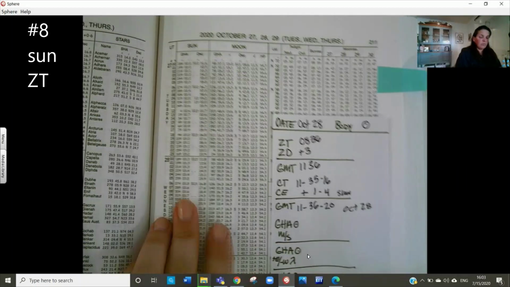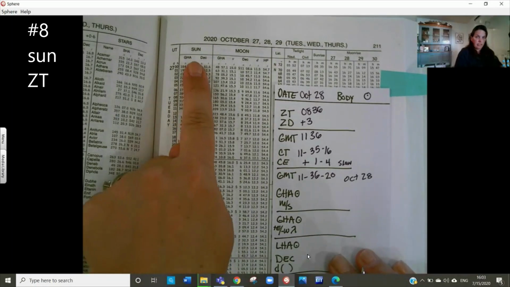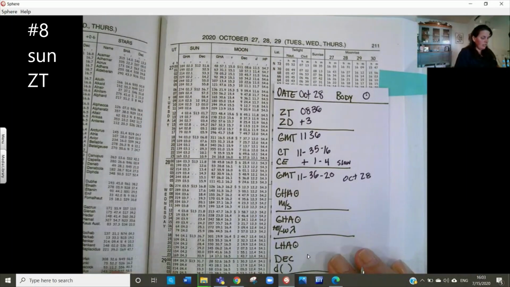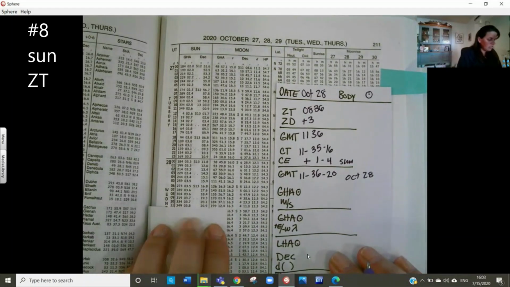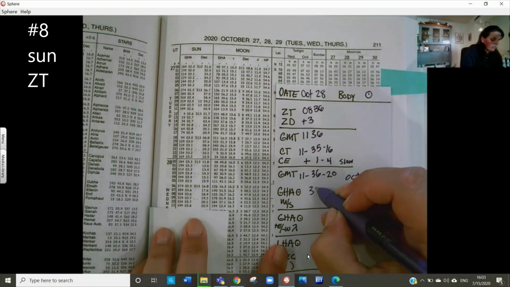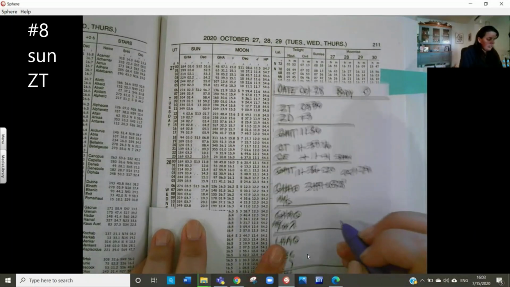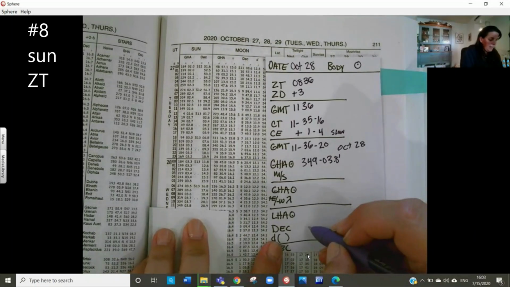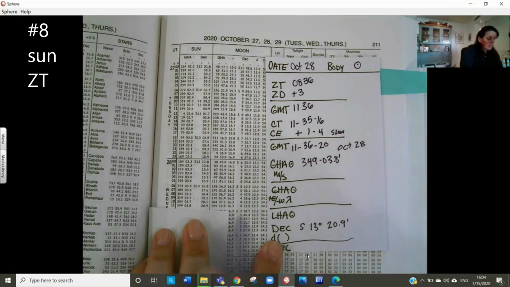So now, when I am observing the sun, October 28th, at the top of the hour, 11 is 3. And our declination, so we have the 13 20.9.